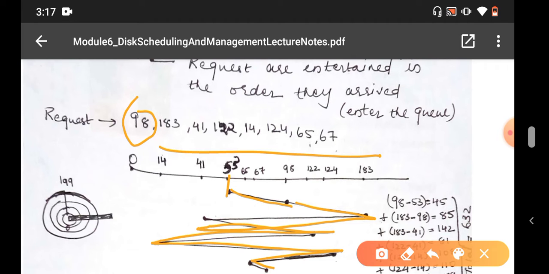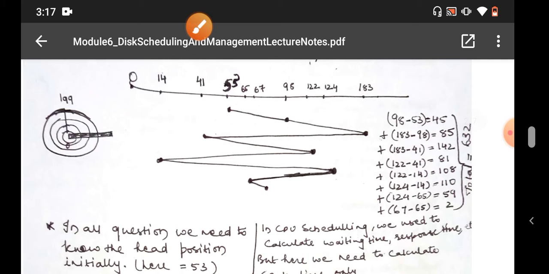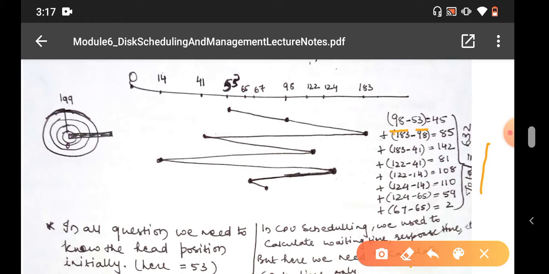Now let's check the seek time. What will be the effect on seek time over here? The seek time is the difference between your current position and the request. The current position is 53. So let's deduct 53 from 98 and you get 45.